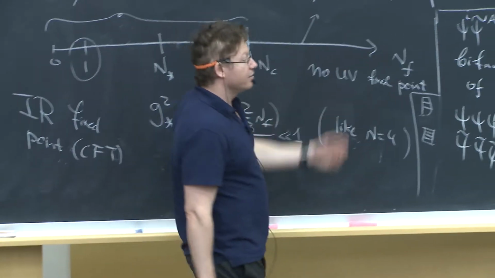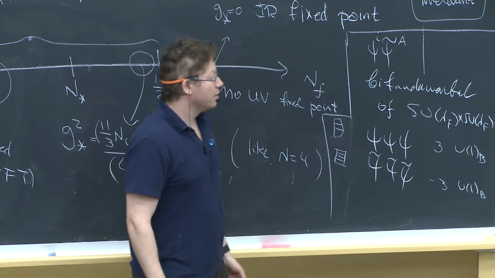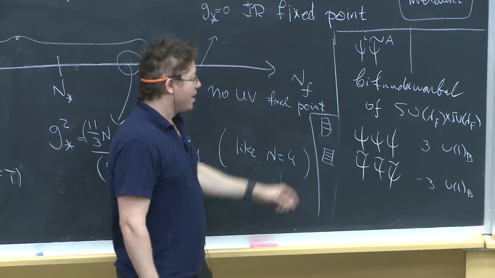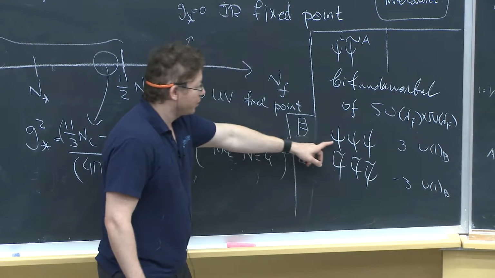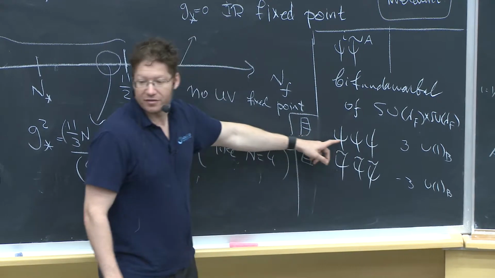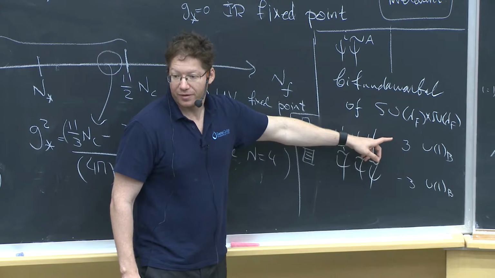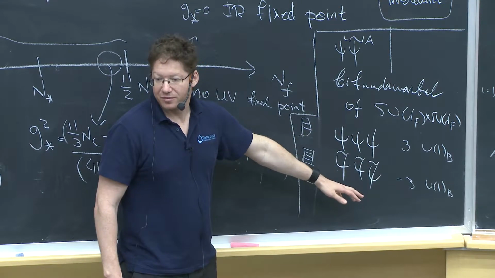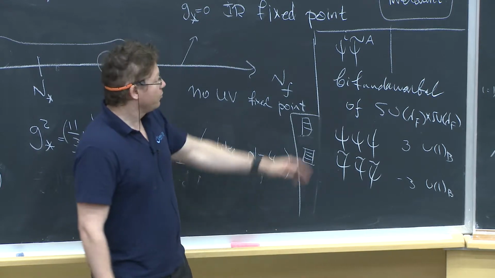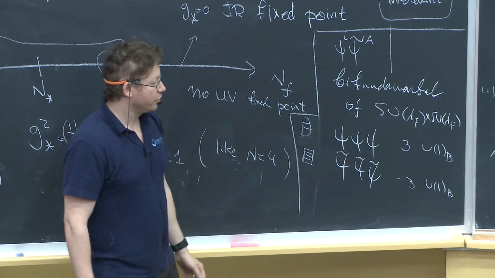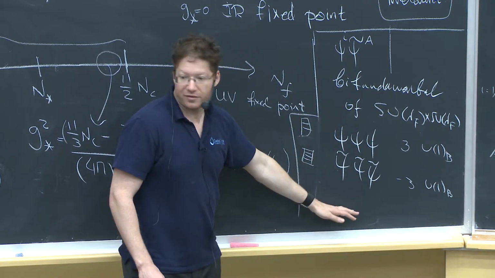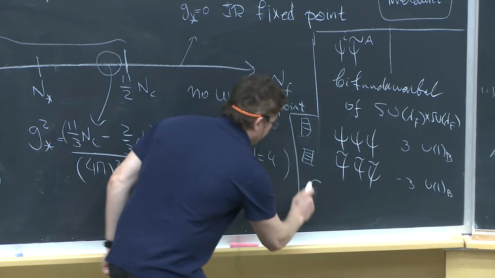So the relevant operator is there for any NC. If NC is odd, this operator is not a scalar, right? It's a fermionic operator. So maybe I shouldn't have listed it, because I didn't list the currents, but the currents exist indeed. If you wanted to list the full set of operators which are relevant, presumably it's just this list plus the currents. So maybe that would be good enough.